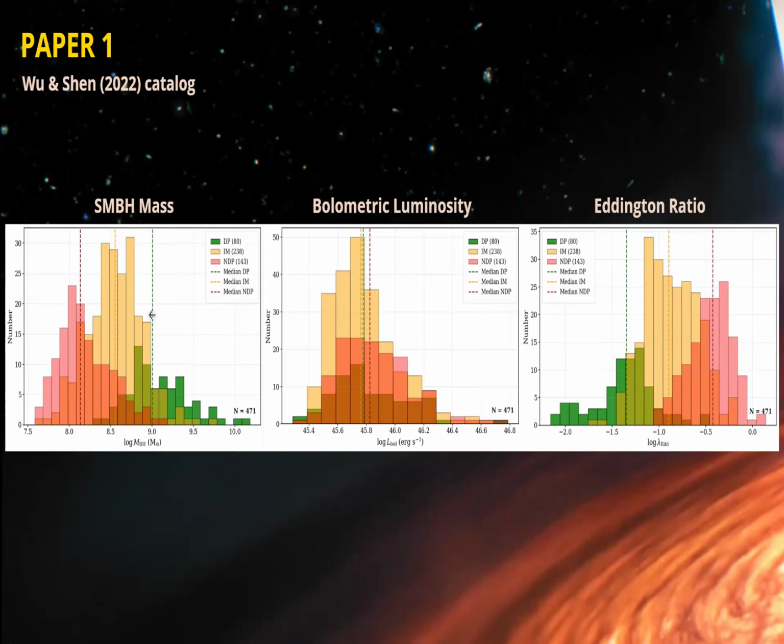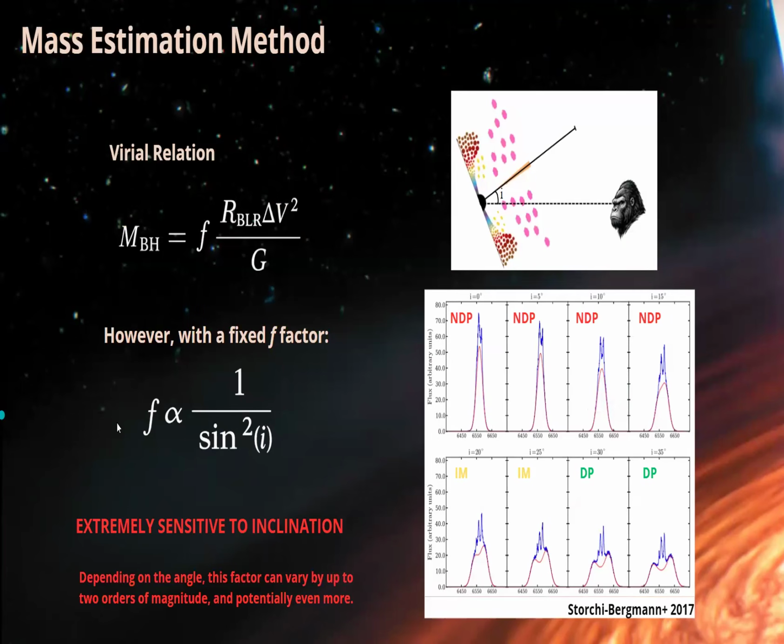So before I conclude anything about the histograms, we tried to understand in more detail how each property was estimated. In the catalog, to determine the black hole mass, they use the virial relation, which depends on this F factor here. This F factor changes depending on the inclination and the geometry, being proportional to 1 over sine squared of the inclination at which we see the object.